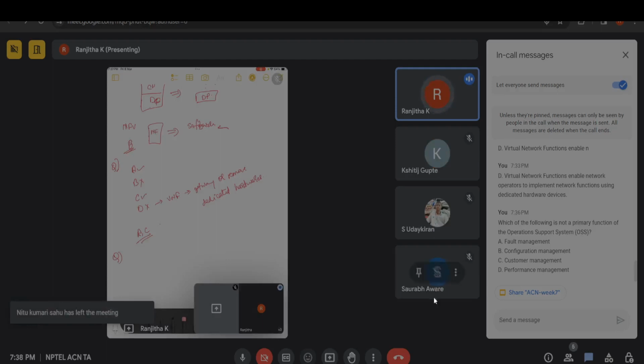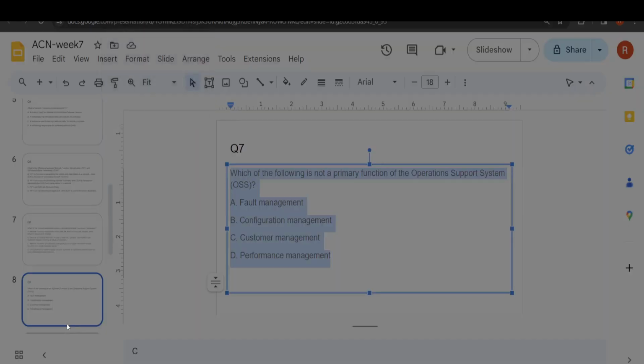Yeah, so here, fault management. From an operator's perspective, fault management, configuration management, and performance management are what the operator is concerned about, not customer management. So the answer here is C. C is not the primary function of operations support system, whereas the others are. The next question.